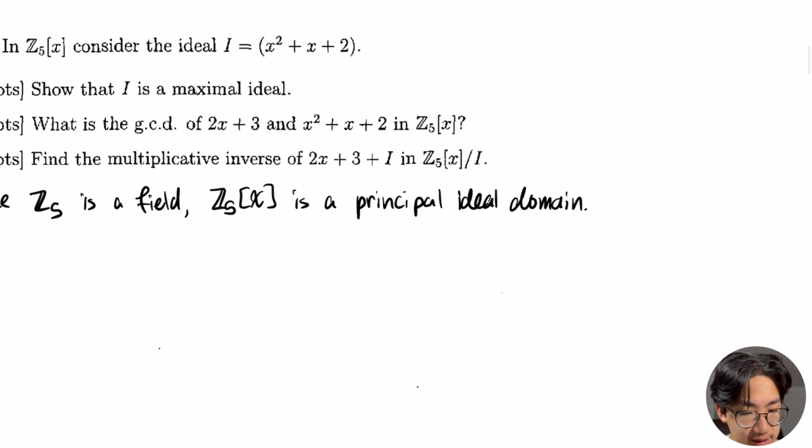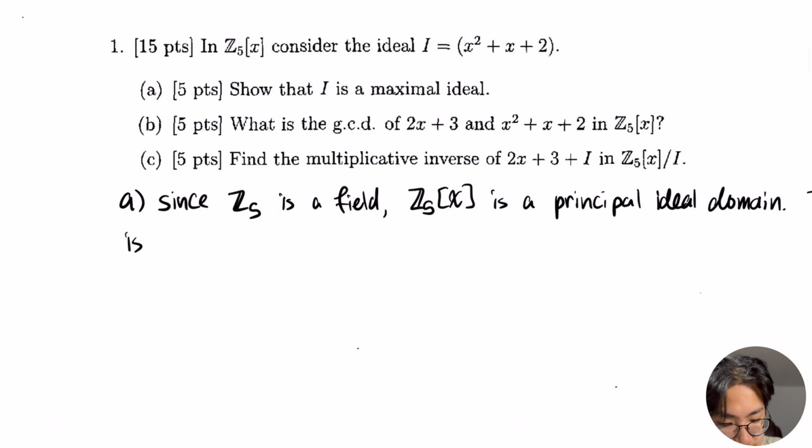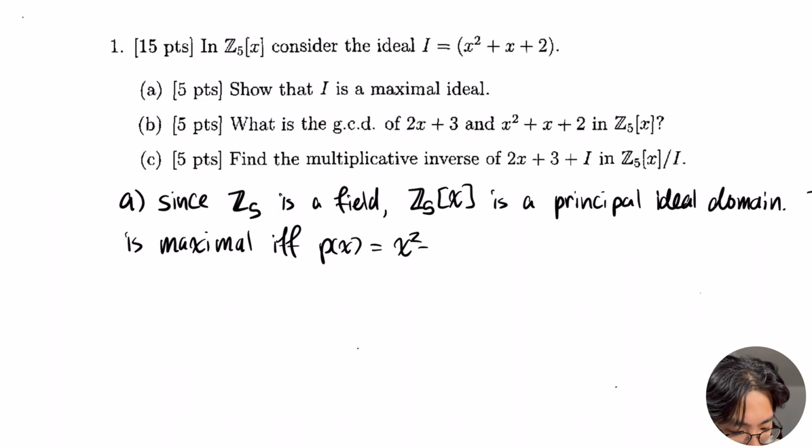So thus, this ideal here generated by x squared plus x plus 2 is maximal if and only if, let's just call it p of x, is irreducible.